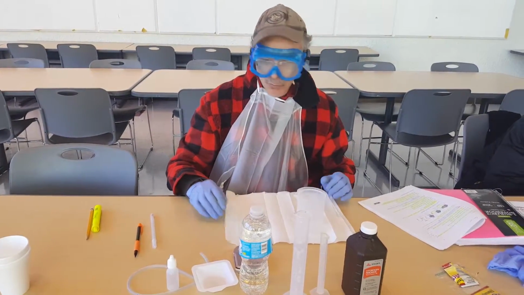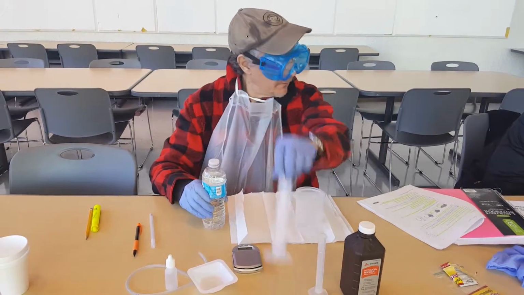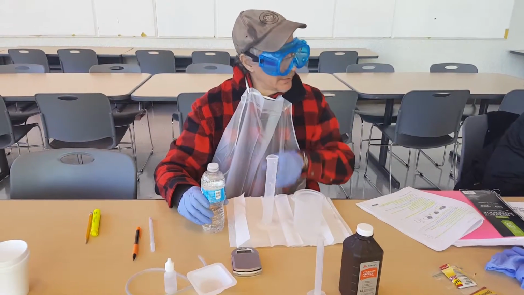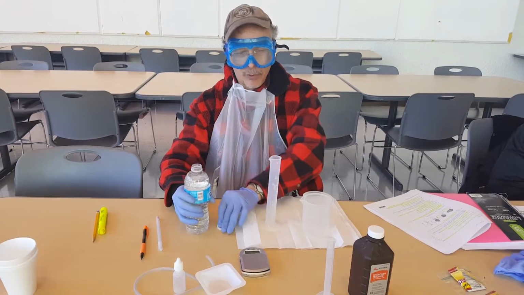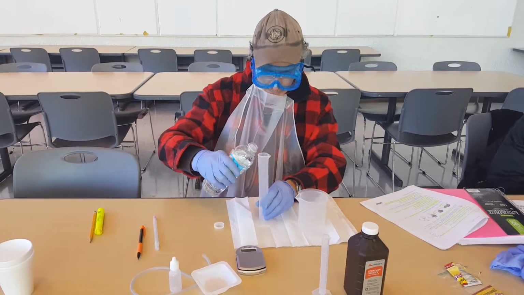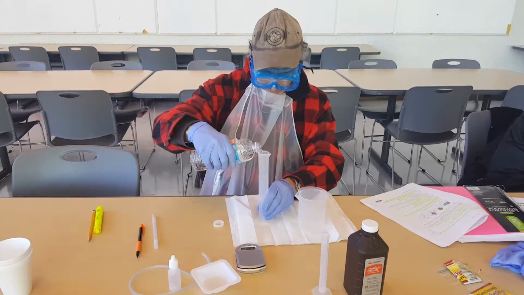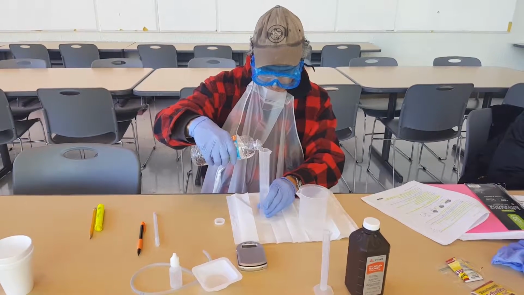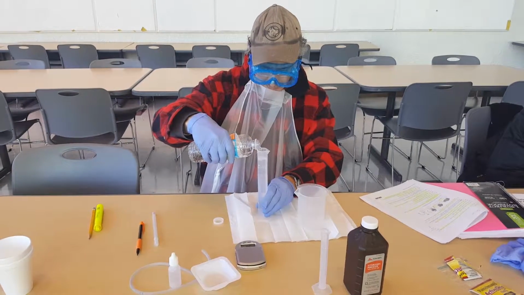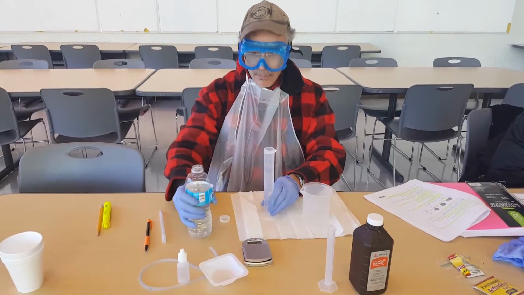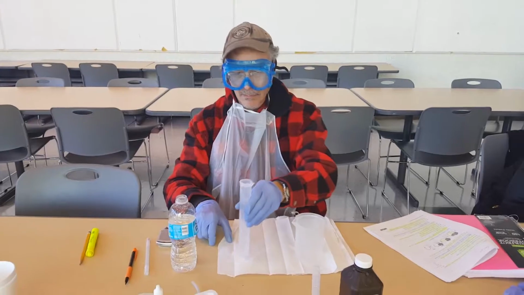So in this first one, I'm going to fill the 50 milliliter cylinder completely with water. This is regular tap water, and I'm going to just fill it up. Okay, let's fill it with water. I'm going to put this over here, and I'm going to move this right here.